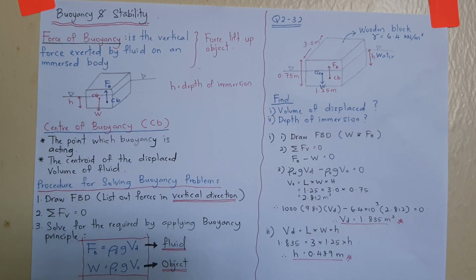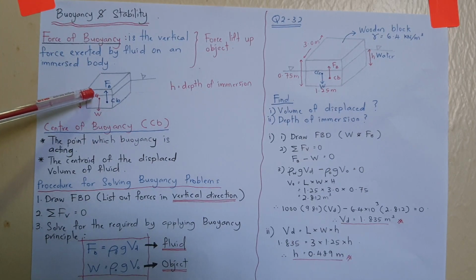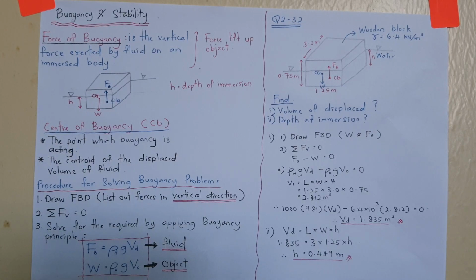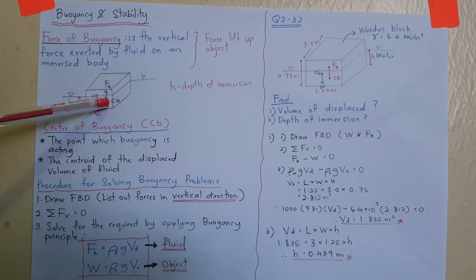So how to draw the two forces? We know that W acts at the center of gravity of the object, so from the center of gravity we draw the line downwards. So where is the force of buoyancy? The force of buoyancy acts at the center of buoyancy.